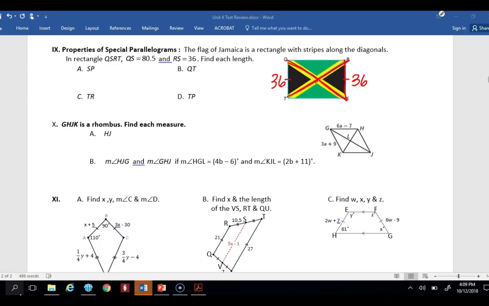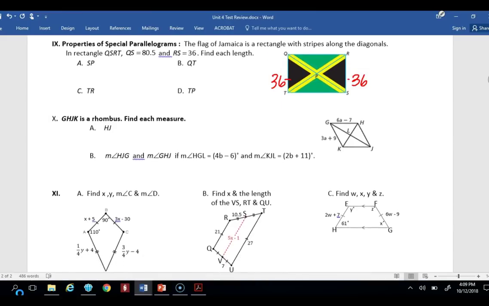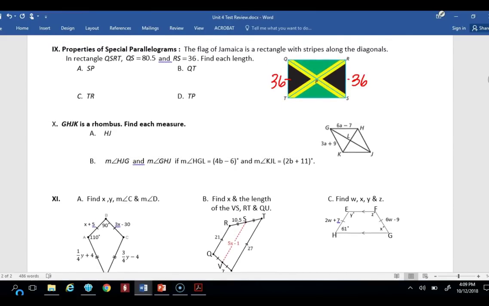So it says to find each length. So SP is part of one of our diagonals. Both diagonals, because it's a rectangle, are congruent. So SP is right here. So we can do 80.5 divided by 2.